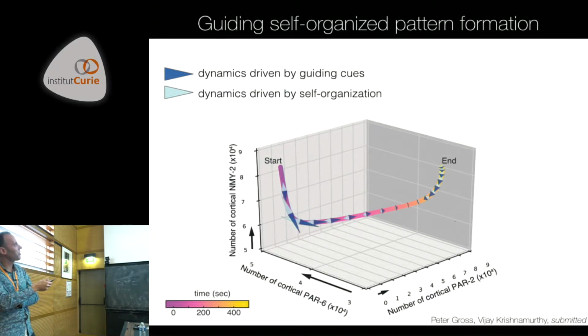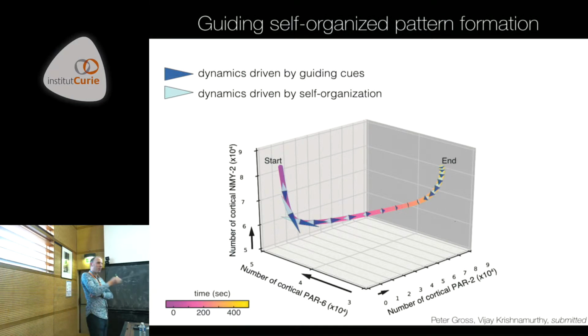So what you see is that guiding cues, which are dark blue, really pull the trajectory forward for much of the entire trajectory, and only at the very end you see that self-organization really takes over and pulls the system forward.